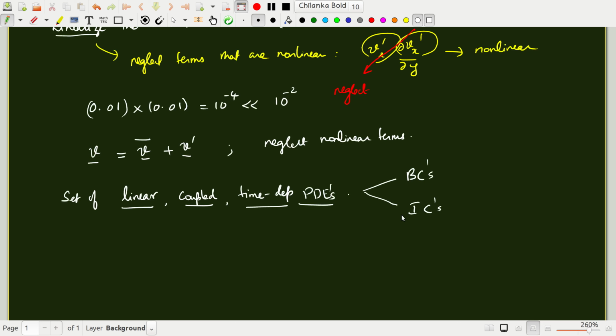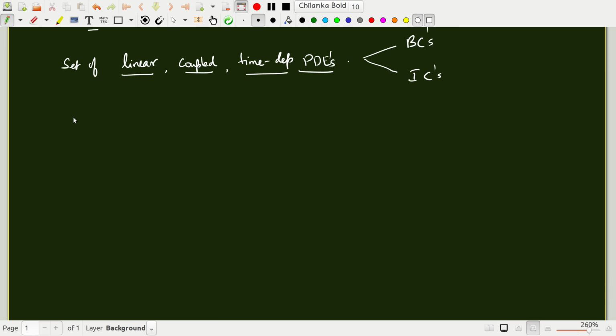For example, if I were to ask you to solve the unsteady heat equation, which is partial temperature by partial time is equal to thermal diffusivity times the Laplacian of temperature in 3 dimensions. Okay, let's even simplify it to 1D.